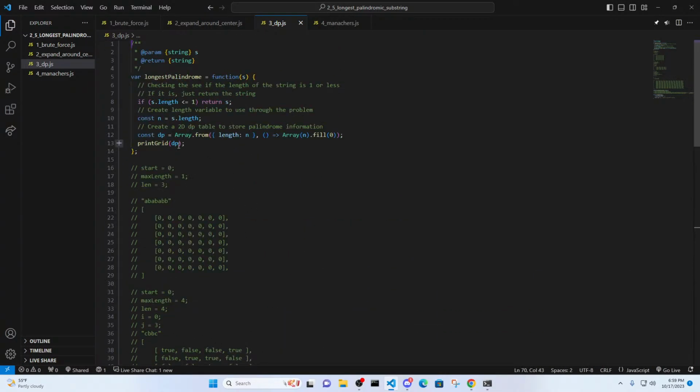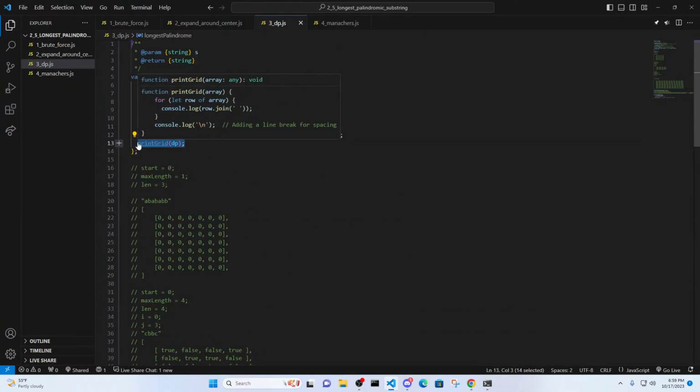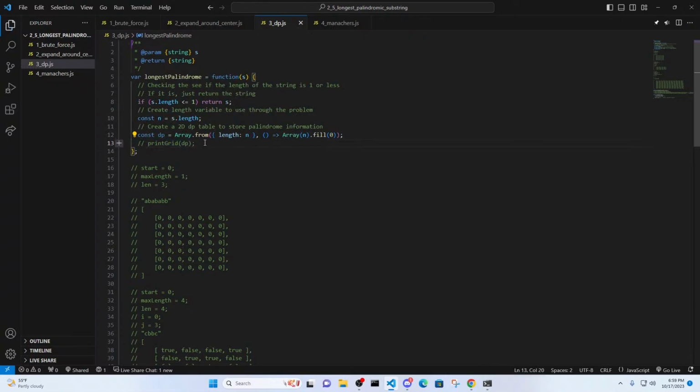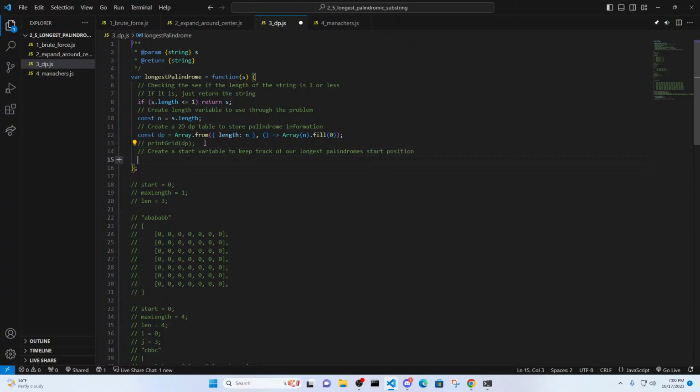So let's go back up here really quickly. I'm going to comment out this print grid, and let's just say create a start variable to keep track of our longest palindrome's start position. This is going to start as just position 0.